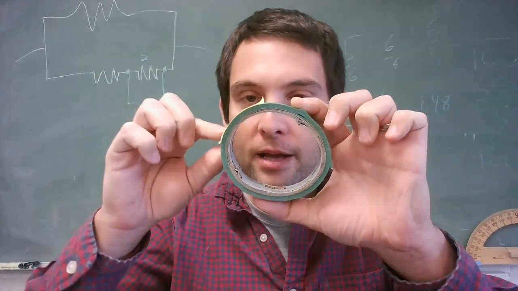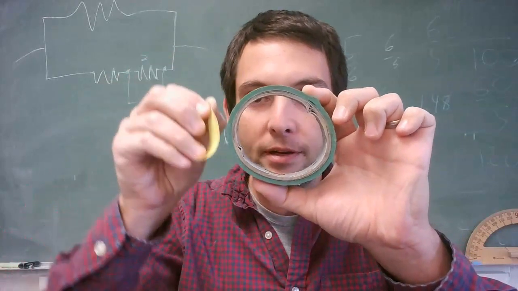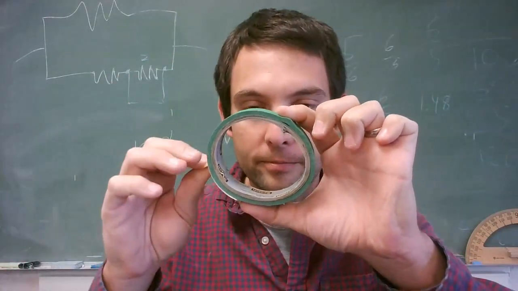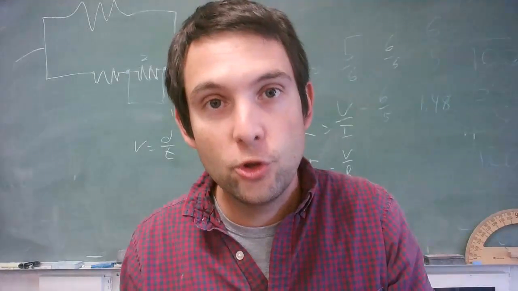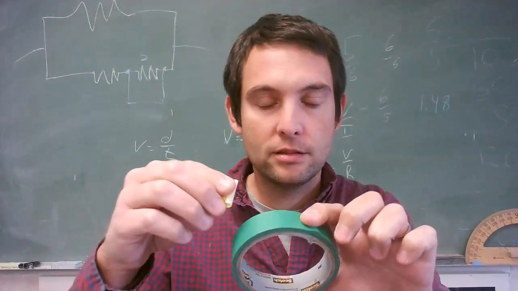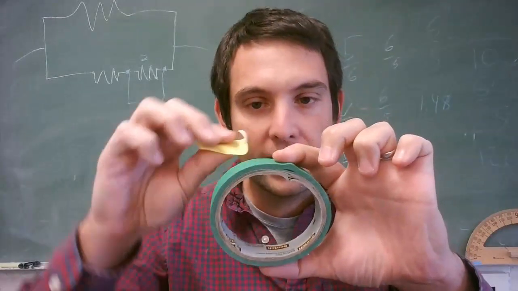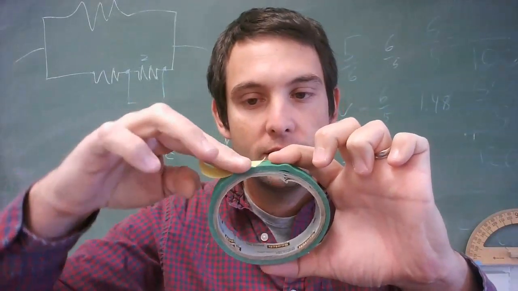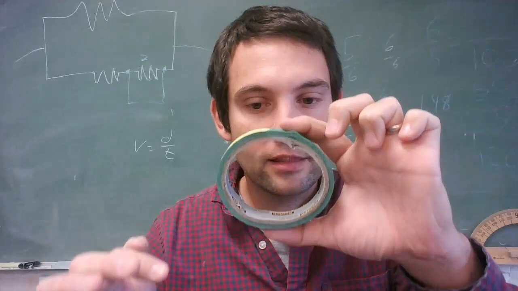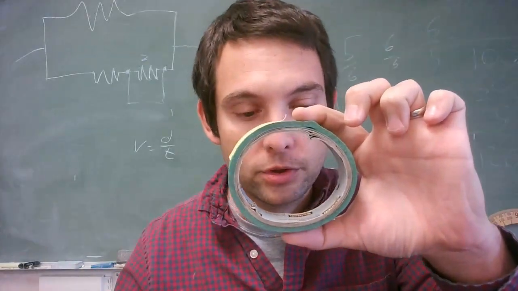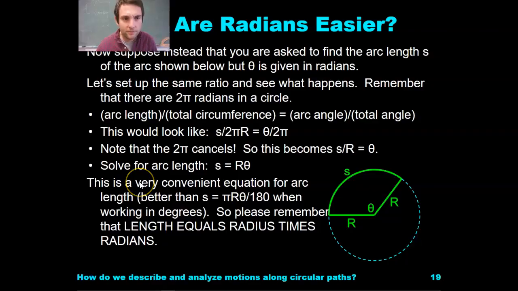Guess how many times I can take the same piece of tape and put it around here? 2 pi. So there are 2 pi radians in one circle. So if I take the length of the radius and just apply it to become an arc length, there's 2 pi of those. Sorry if you already knew that, but my 10th grade geometry teacher did not explain that very well to me.